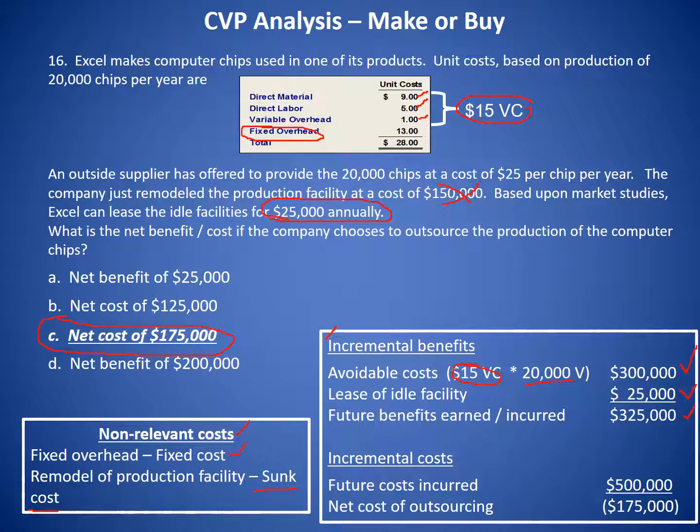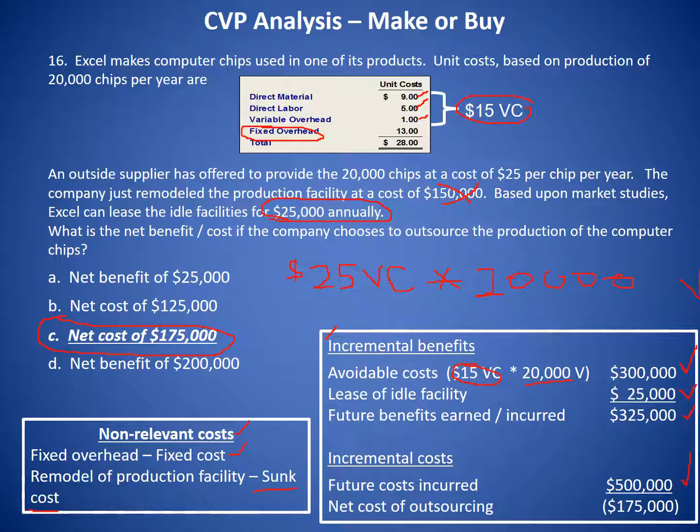The outside supplier says they will supply the computer chips for $25 per chip. That's our variable cost. We're going to multiply that times the volume that they're replacing, which will be 20,000 units. If we multiply those two together, they end up being $500,000.